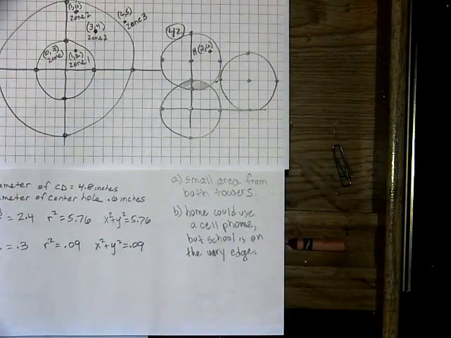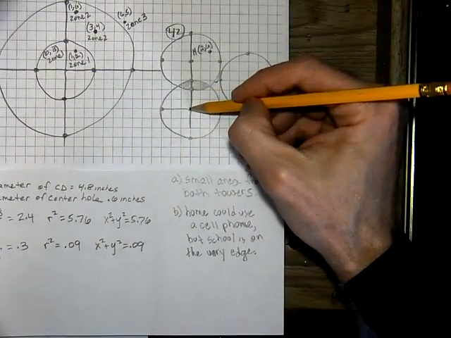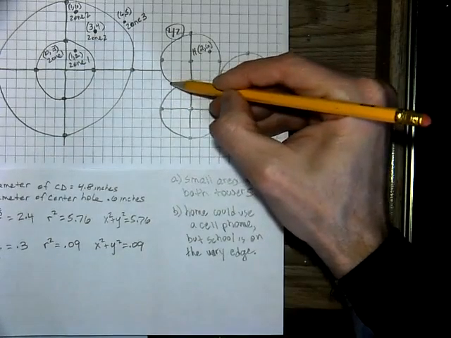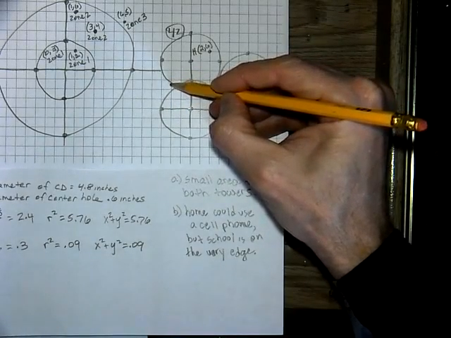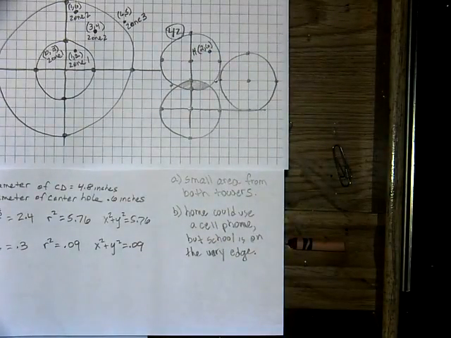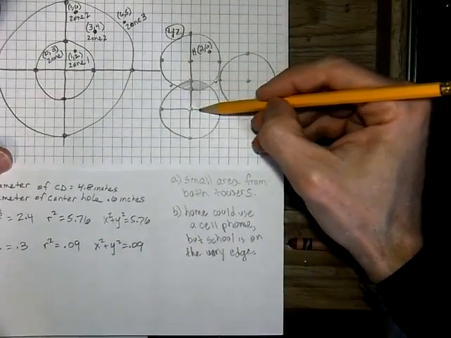Last question. City A is located at -2, 2.5. And city B is at 5, 4.